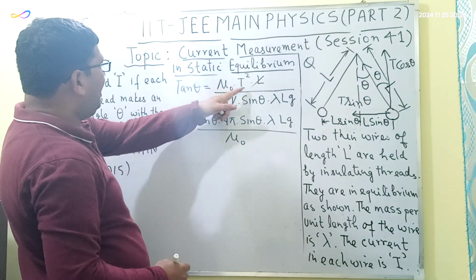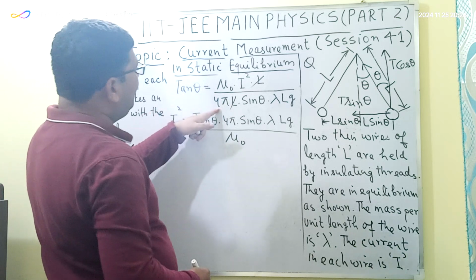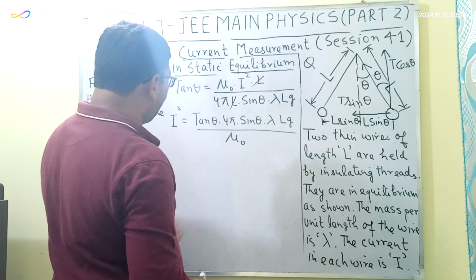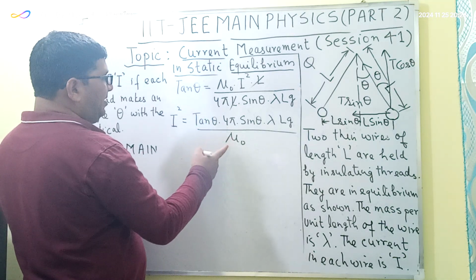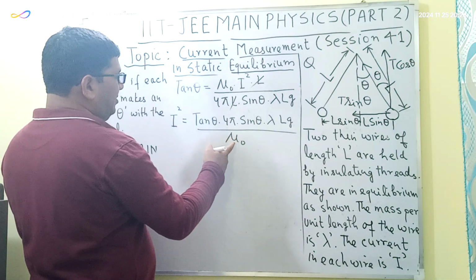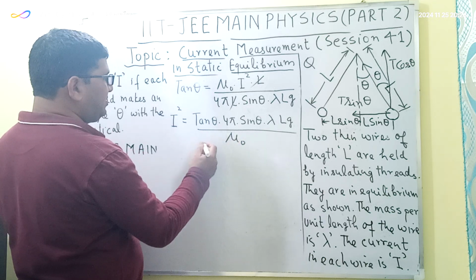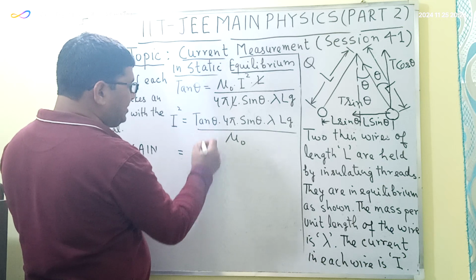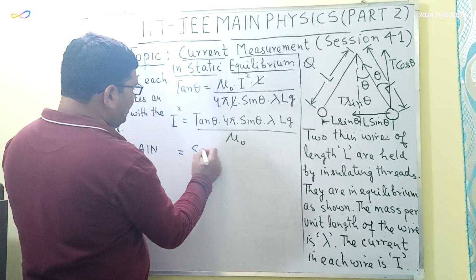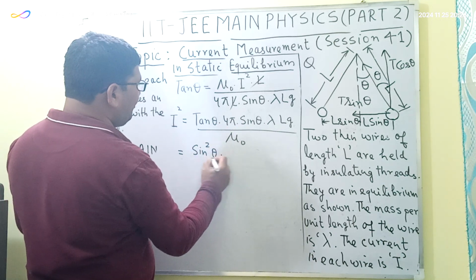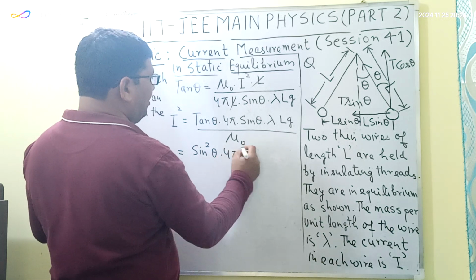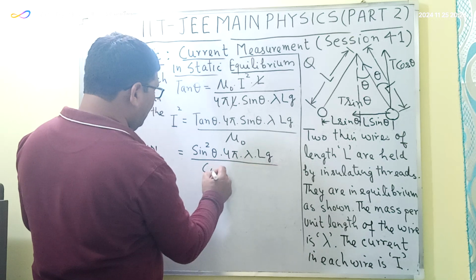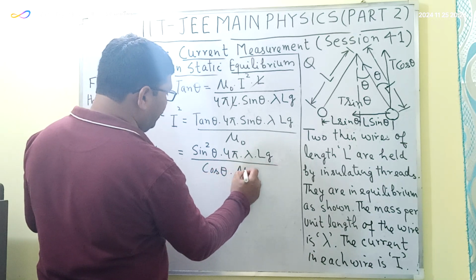Now tan theta can be written as sin theta upon cos theta. So this will be equal to sin square theta into 4 pi into lambda L G divided by cos theta into mu naught.